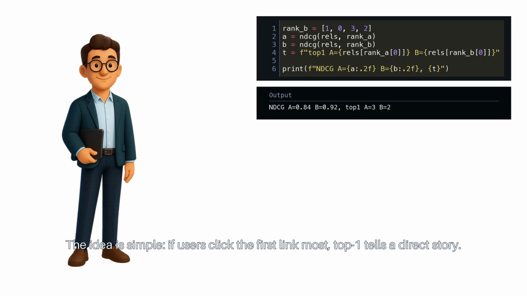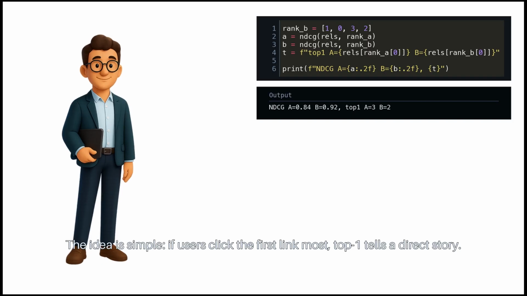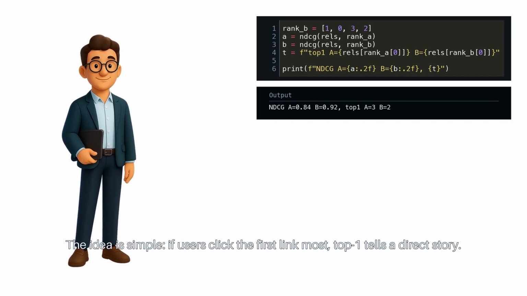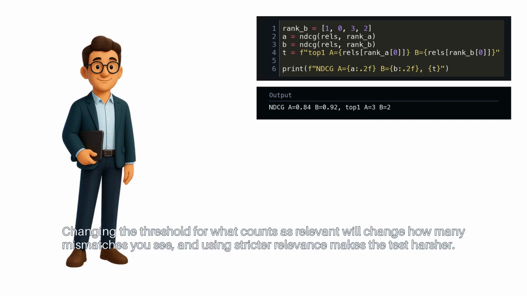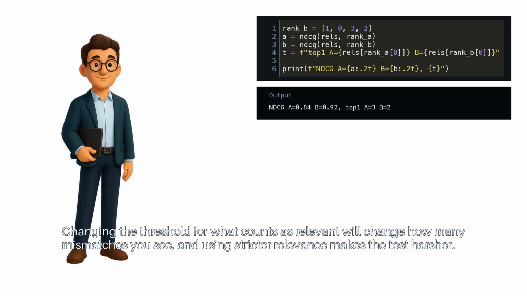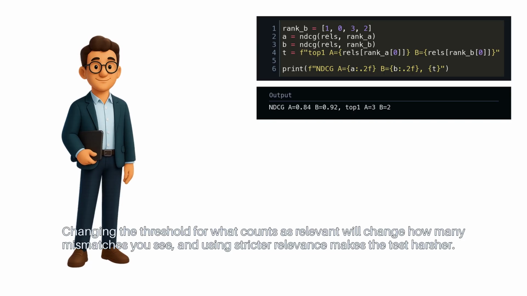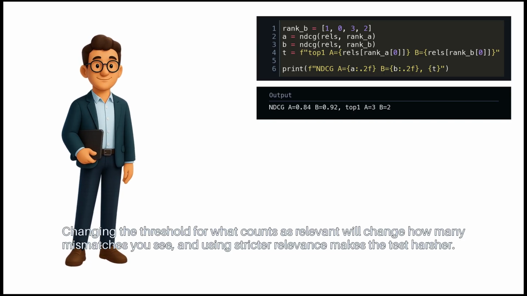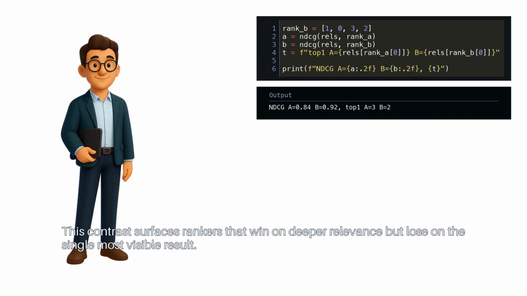The idea is simple. If users click the first link most, top one tells a direct story. Changing the threshold for what counts as relevant will change how many mismatches you see, and using stricter relevance makes the test harsher. This contrast surfaces rankers that win on deeper relevance but lose on the single most visible result.